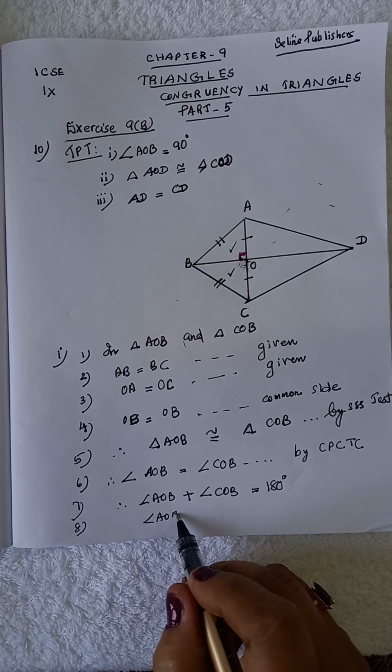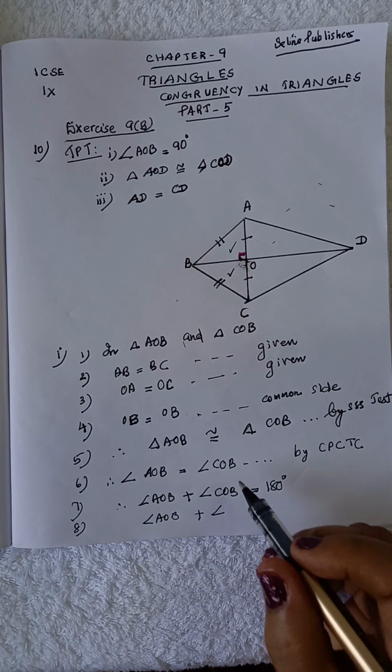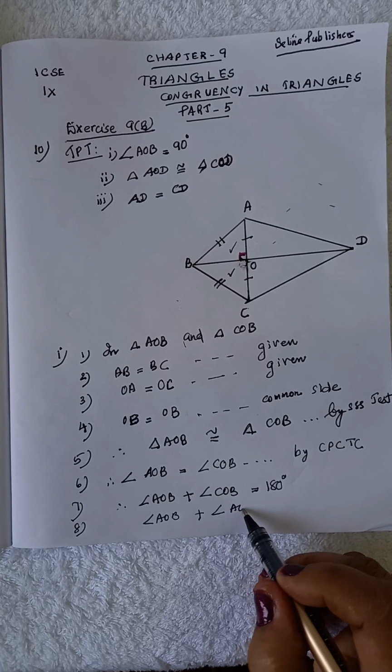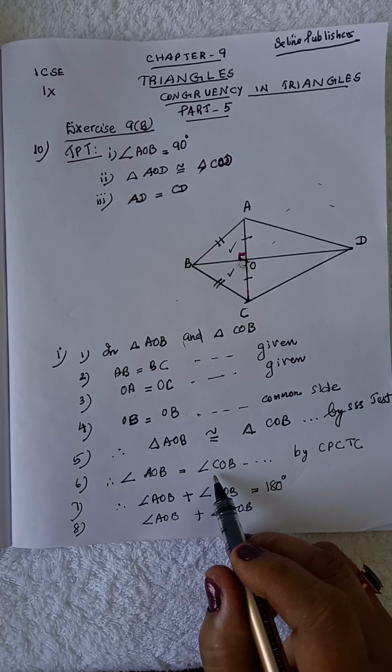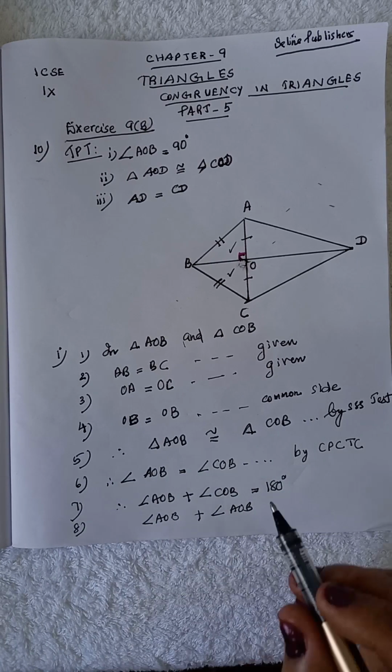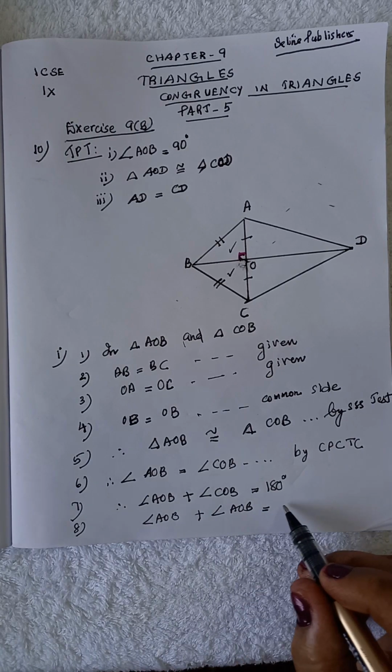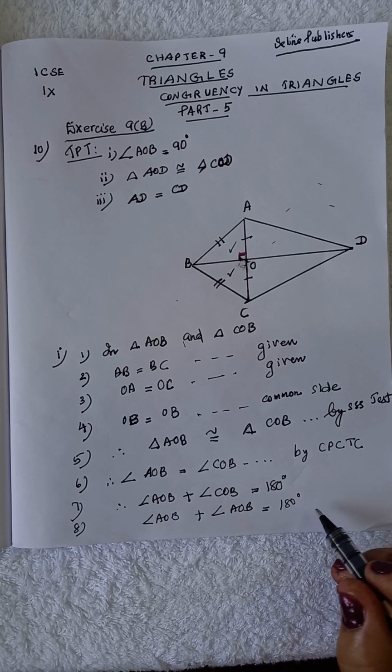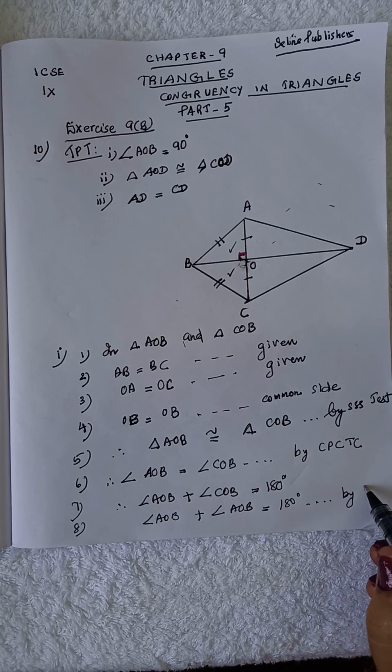Angle AOB plus angle AOB we can write, because this angle AOB is equal to angle COB by sixth point. So this is equal to 180 degree. So reason is by 6.